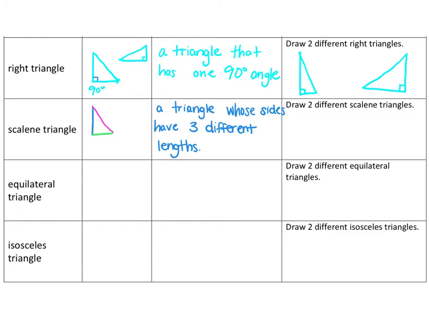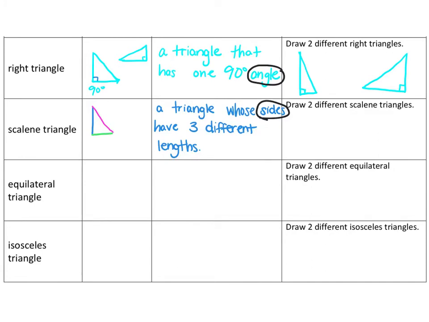All of the sides have different lengths. We're only looking at the lengths of the sides, because you'll notice that this triangle is scalene, but it is also right, because there's a right angle there. But right now we're just focused on the sides. The sides are what matters here. On right triangle, it was the angle that mattered. If you circle those words, it'll help you.